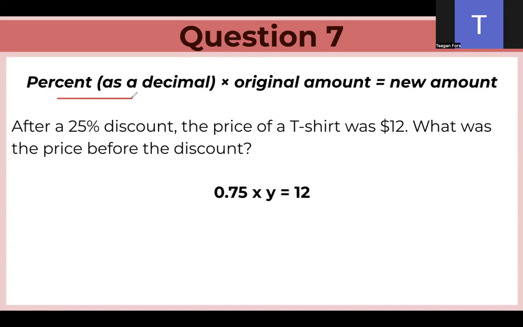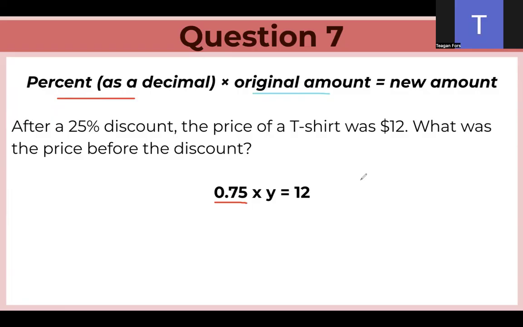So to start, your percent as a decimal is 0.75 because we have a 25% discount. So 25% was taken off, and we are left with 75% of the price. So 75% or 0.75 is our percent as a decimal. The original amount, the amount that the t-shirt was originally, we actually don't know.